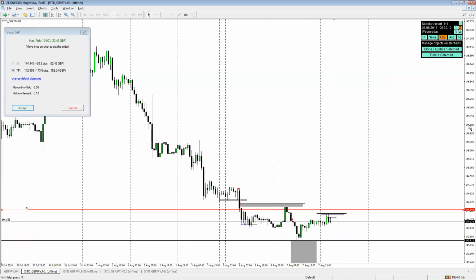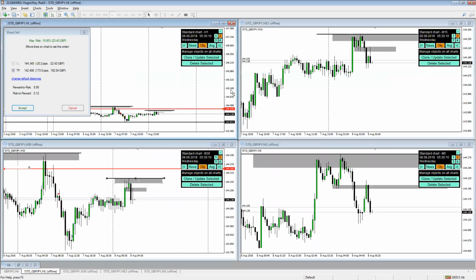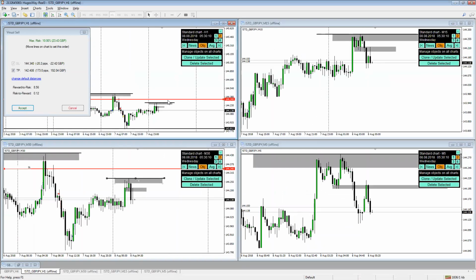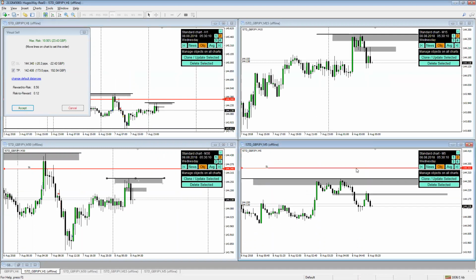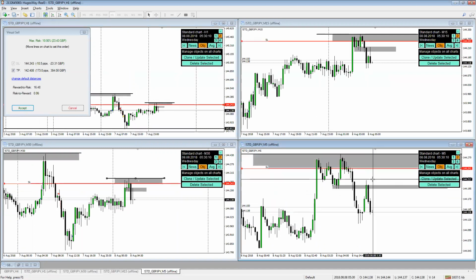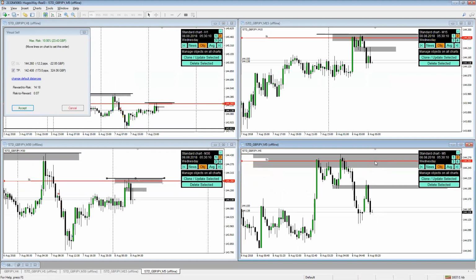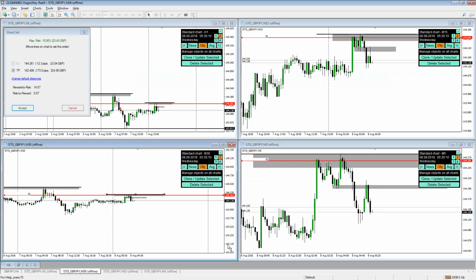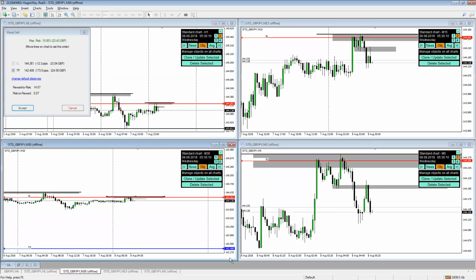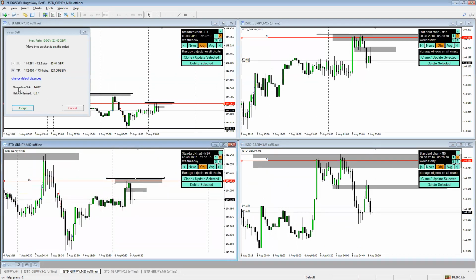That's good. Where's my stop loss? Perfect. Oh man, ratio 14.